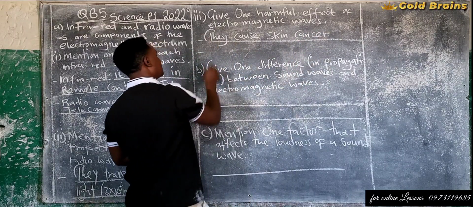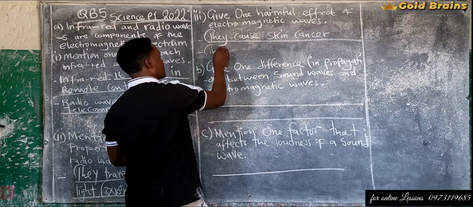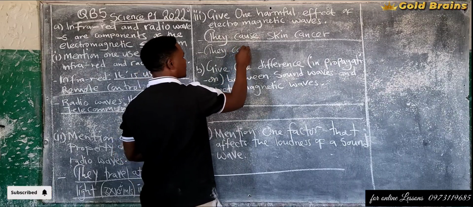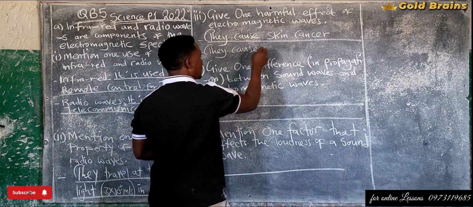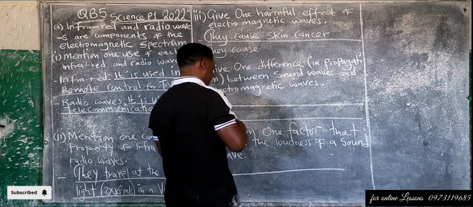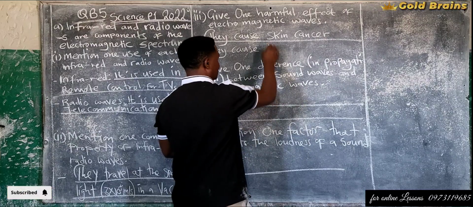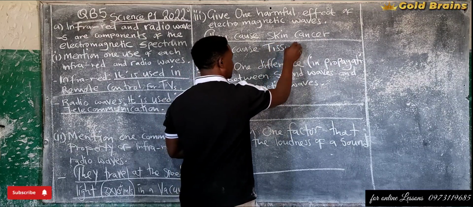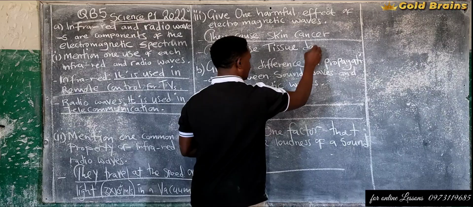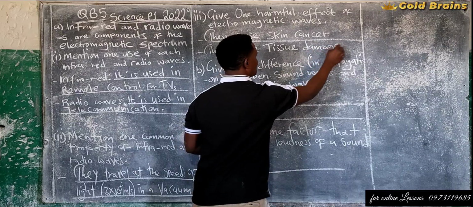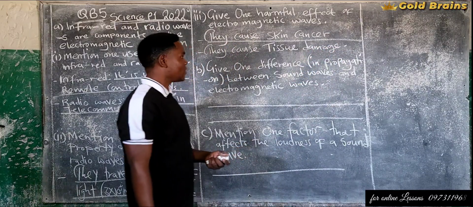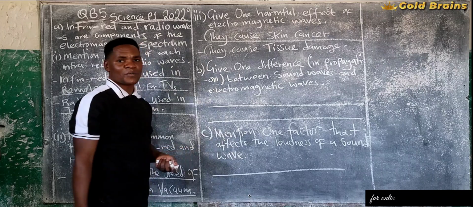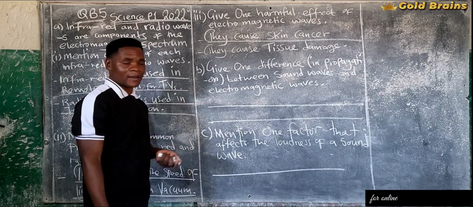Another one we can pick is that they cause tissue damage. You can say tissue damage or cell damage when you are exposed to them for a long period of time. Any of the two will be your answer there. They're just asking for one.